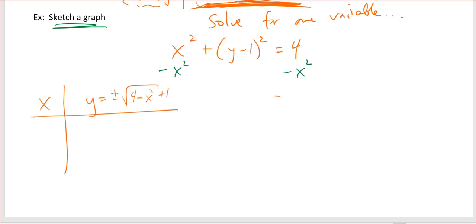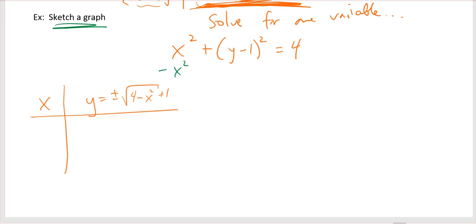So now our task is just to pick convenient x values so that we're going to get a good idea of what this picture looks like. So let's do that.